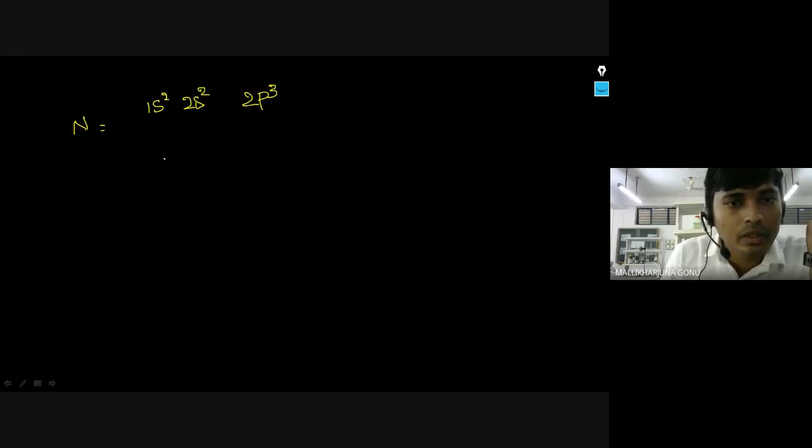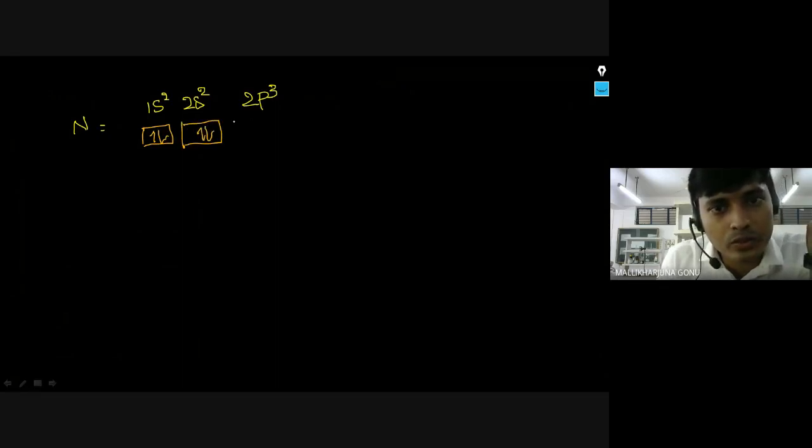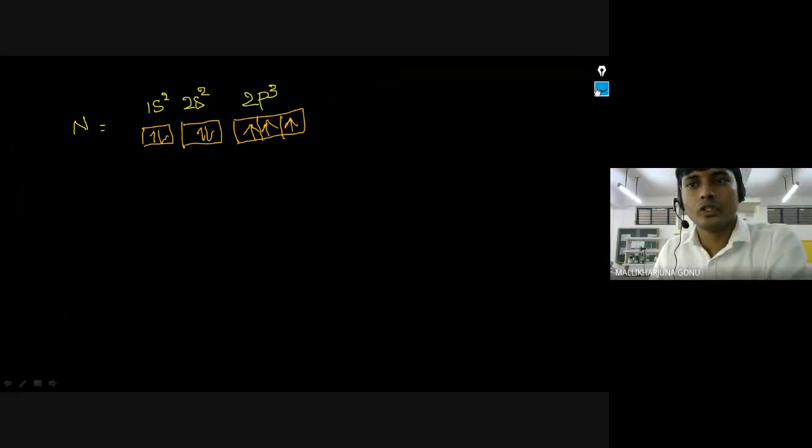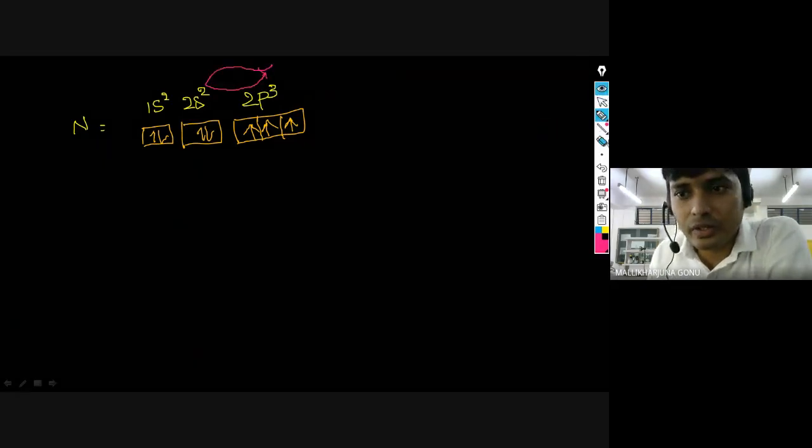If I write electrons here, 1s2, 2s2, as the atomic number of nitrogen is 7, 2p3. Okay. So this is the electronic configuration of nitrogen.